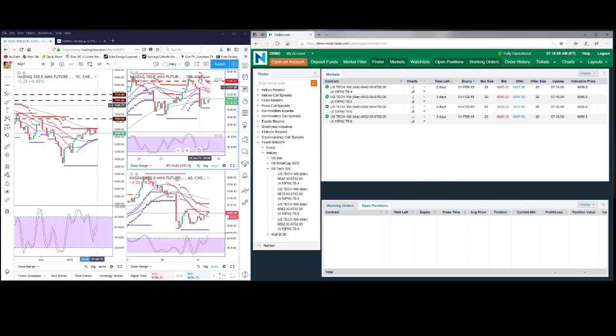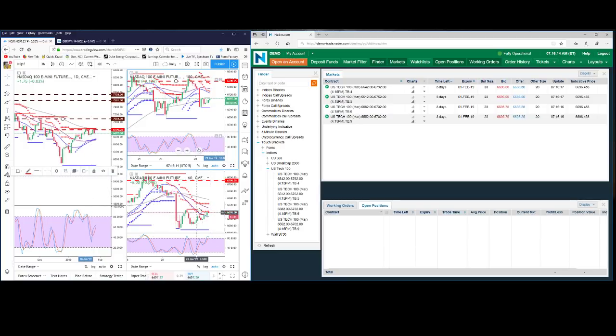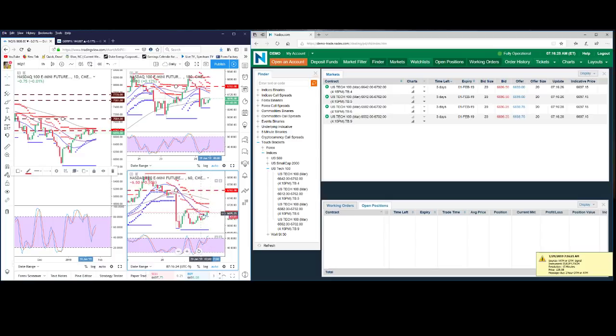Now, a great example of that is if I actually put this line on the chart down here, okay? So now let's pull this down to 67.62. And this is sort of what I want to see happen up here.